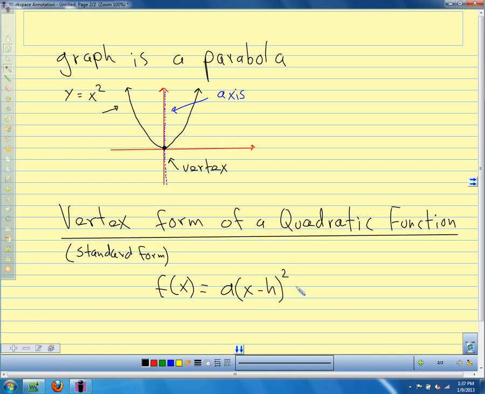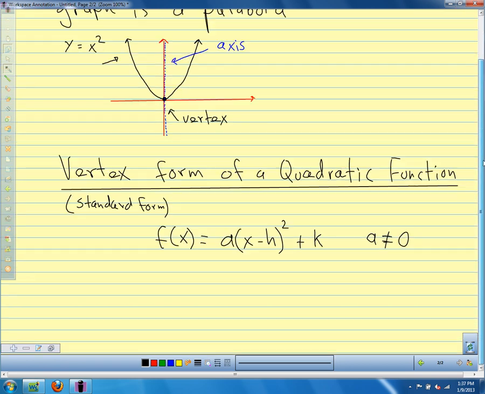A times x minus h squared plus k, where a doesn't equal 0, because if a equals 0, we don't have a quadratic function. This is what we call the vertex form of a quadratic function.